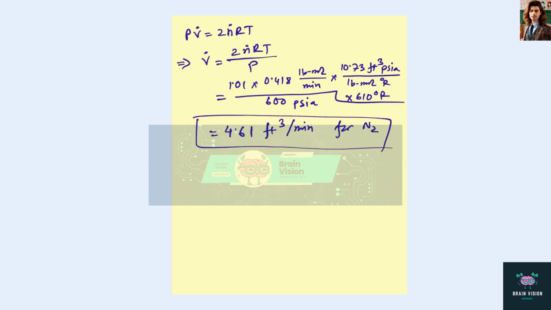Next, we need to calculate the minimum tank size. Now, the time required between deliveries is 2 weeks.